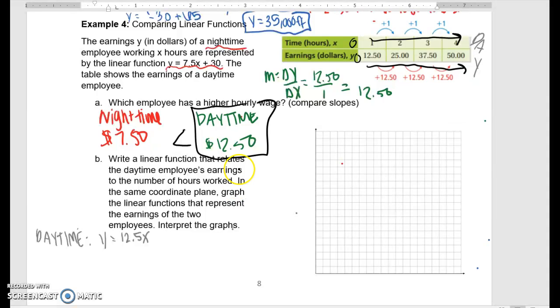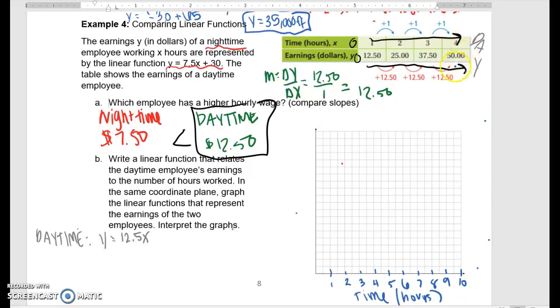Okay, so we did part 1. Part 2 says now we need to graph them. So if you notice, your x values, you're just counting by ones. So I'm going to count by ones, but skip 2 boxes in between, so it's kind of like spread out. And then your x-axis is going to be your time in hours.